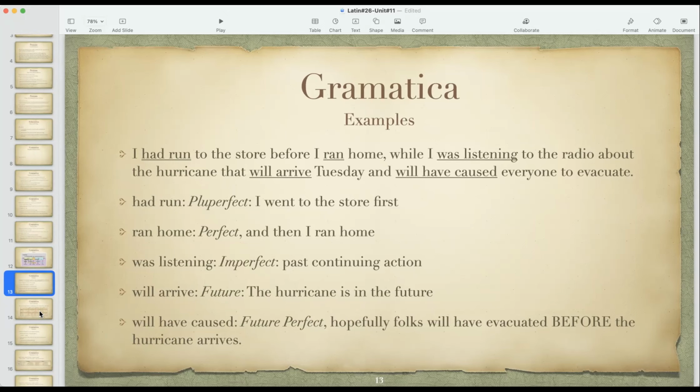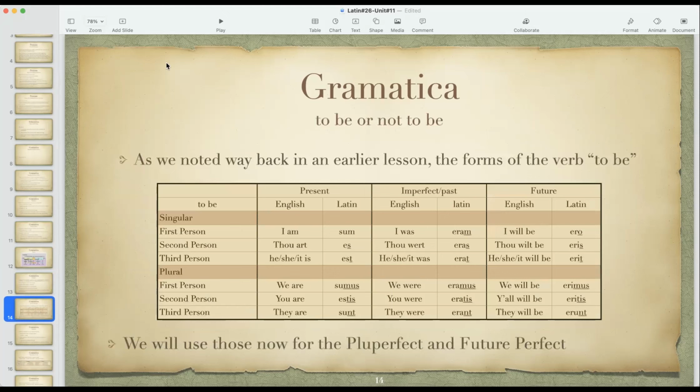So, all right. Now we need to step back for a moment to an earlier lesson and review the verb forms, or the forms of the verb to be. And the reason is this form and this form are all over the pluperfect and the future perfect.